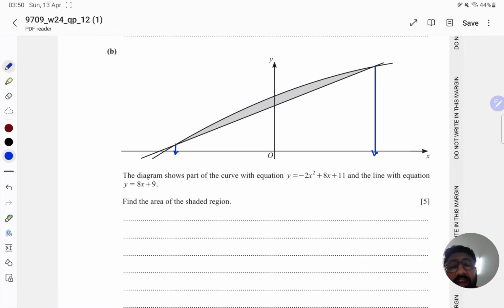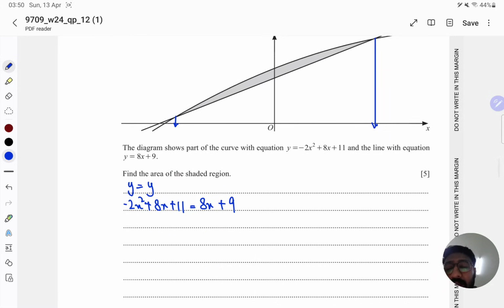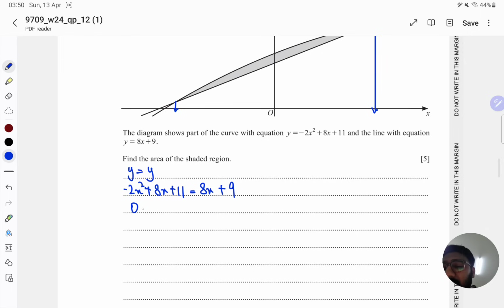So for finding the values of x, we are going to put both the equations y equal to each other, which will give us minus 2x square plus 8x plus 11 equals 8x plus 9. If we simplify, it will be 0, 2x square plus 8x minus 8x plus 9 minus 11.